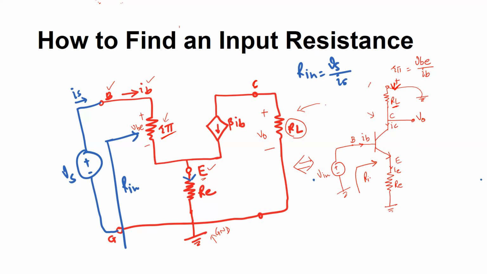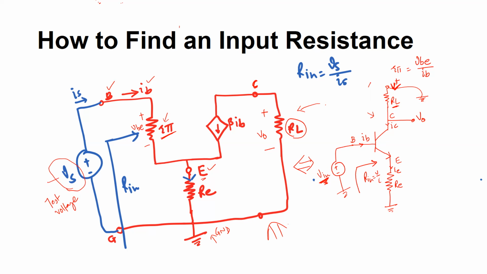Now the question is how to derive the input resistance of this circuit, which is basically the ratio of voltage divided by the current. So for that, you draw the small signal model as shown right here. And then in the blue, you see I have connected a voltage source that is called the test voltage. So you basically remove the external AC signal that is to be applied for amplification.